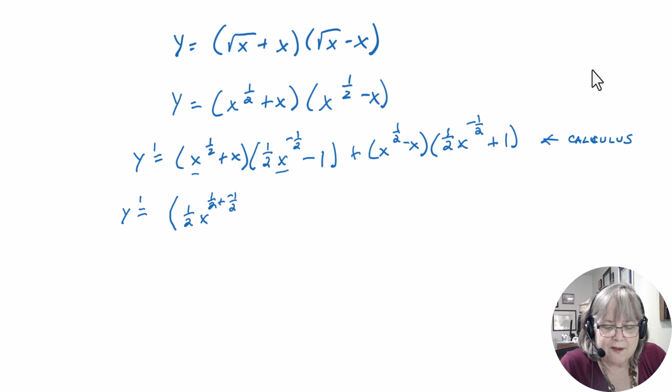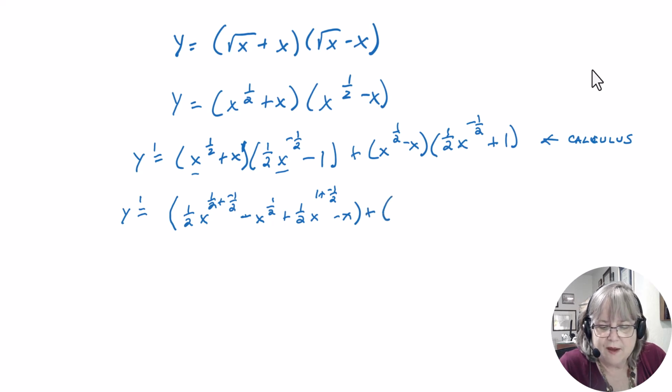Outside, x to the 1/2 times a -1 is -x to the 1/2. Inside, plus 1/2 x to the first, there's a 1 right here, times x to the -1/2. You write your x down and add the powers. And x times -1 is -x. So this is the first one.